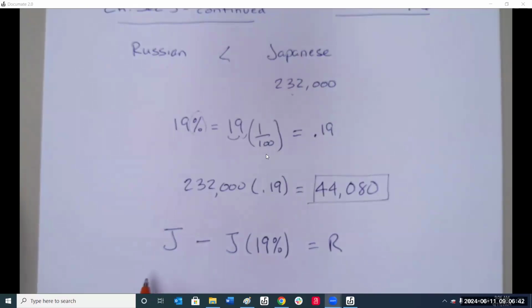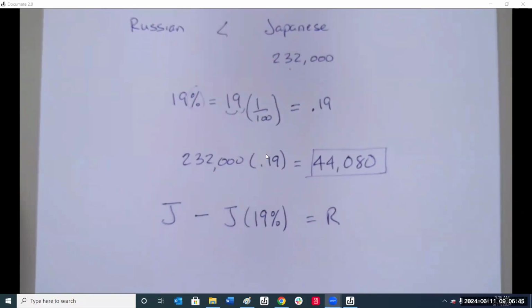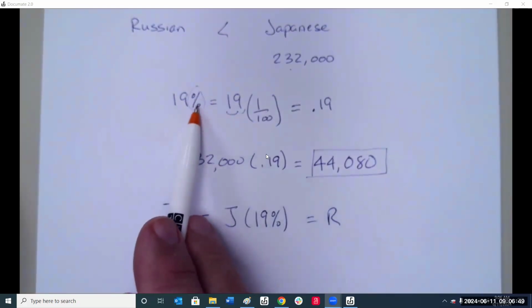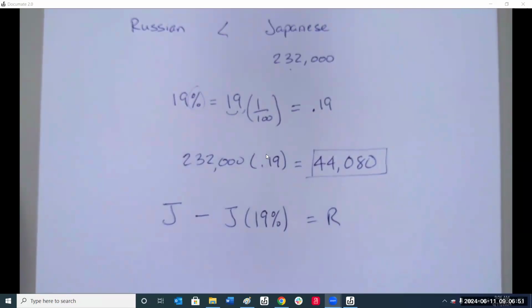So when you're given a percentage, you have to get rid of the percent first. You can't multiply or do anything with that symbol. So we have to convert to decimal first.